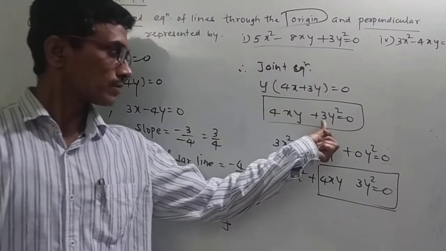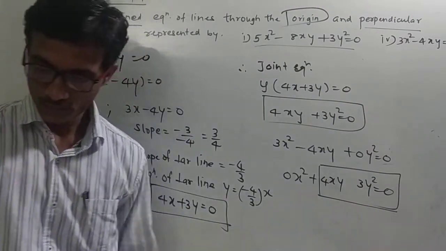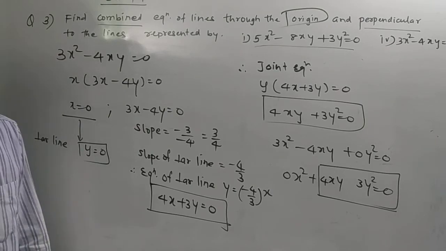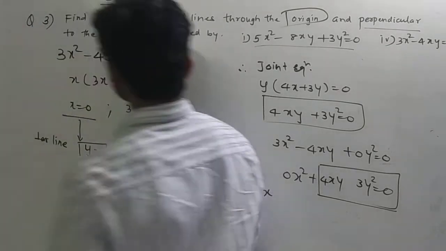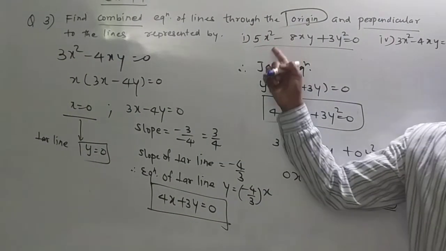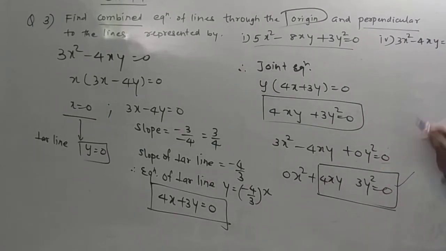Look, 4xy plus 3y square is equal to 0. That means our answer is absolutely right. So this is the combined equation of the pair of lines passing through the origin and perpendicular to this line.